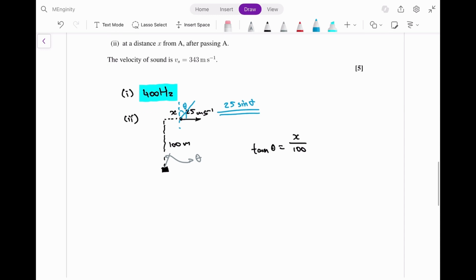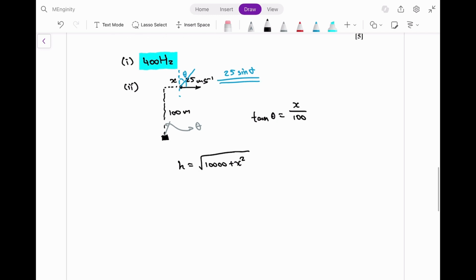In this case, we only have the tan of theta, and so maybe we have to utilize Pythagoras. In this case, the hypotenuse is equal to the square root of 10,000 plus x squared. Not sure whether this will actually work out. Okay, so therefore what we know is that sine of theta will be equal to x over this. Okay, we got the sine of theta.